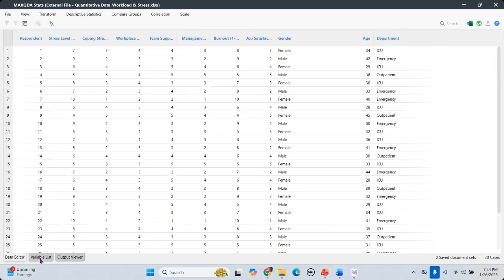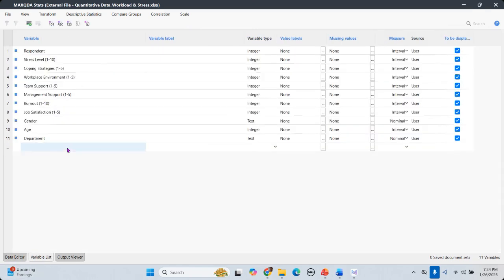Next is the variable list. The variable list is the list of questions that you designed as part of your research tool or survey. We have respondent number, stress level, coping strategies, and workplace environment.